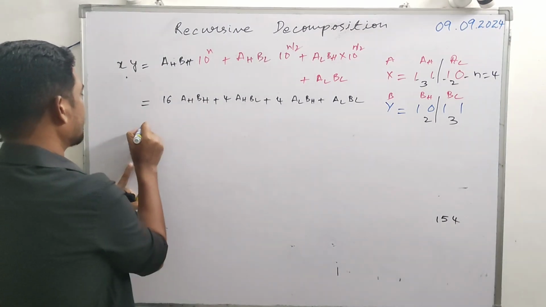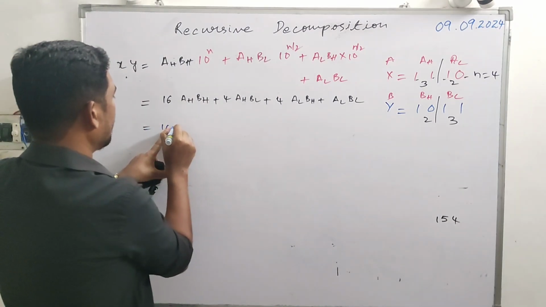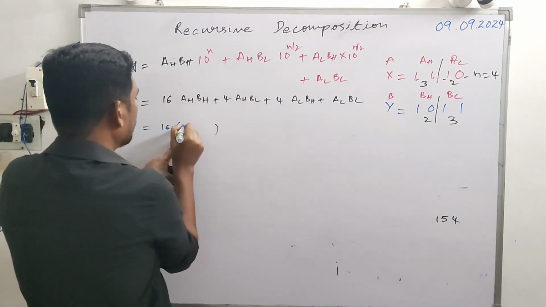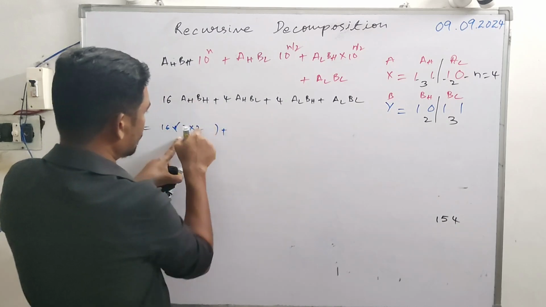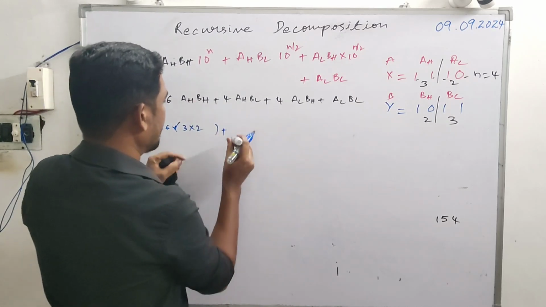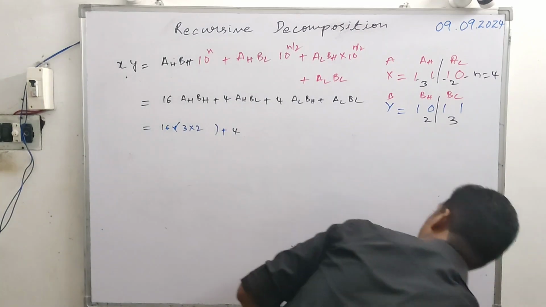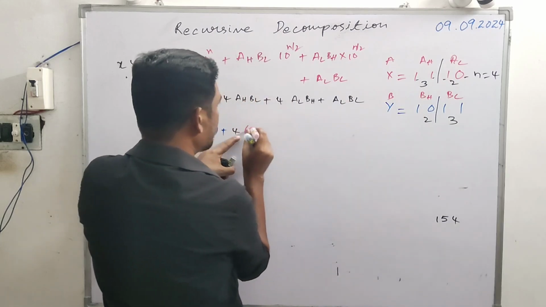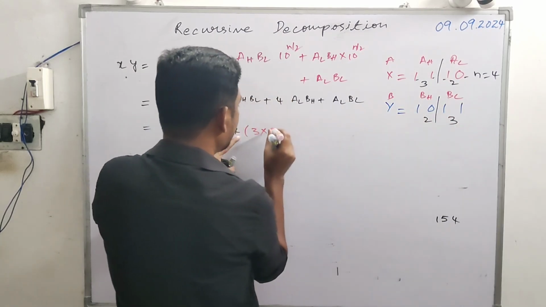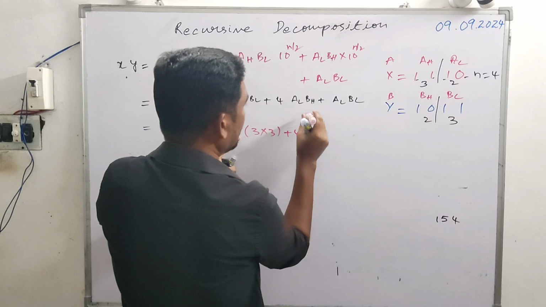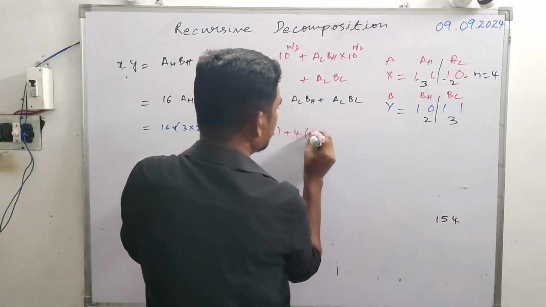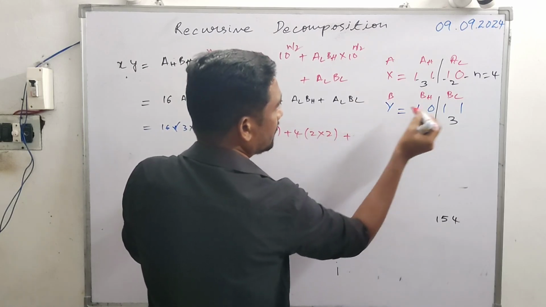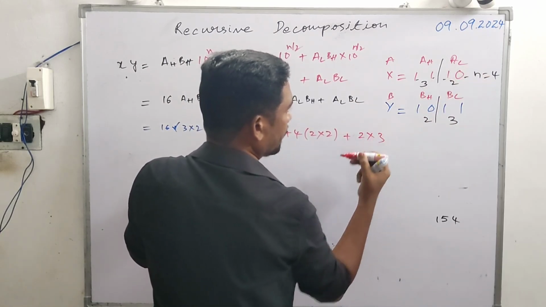It's 16 into AH BH, 3 into 2, 3 times 2 plus, for this one we got to go for 4 times AH BL, AH it's 3 into BL, it's 3, plus 4 times AL BH, AL it's 2 into BH, BH it's 2 again, plus AL BL, it's 2 into 3, isn't it?